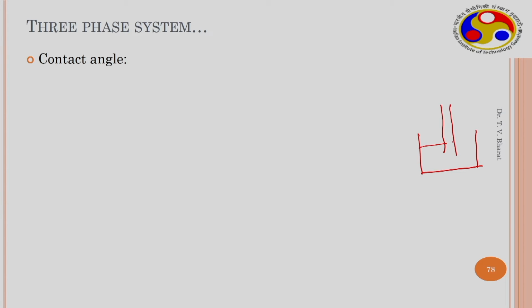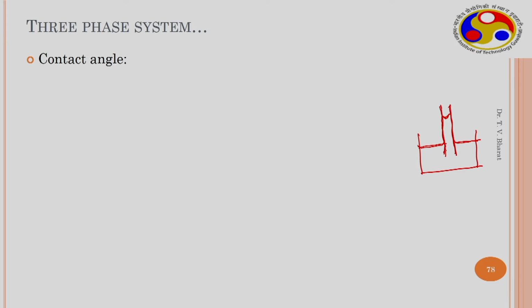We have seen that if you insert a capillary tube made of glass in a beaker of water, there is a rise of water, and it forms a meniscus like this. We have discussed earlier that this rise is because there is an adhesive force between the water molecules and the glass surface.